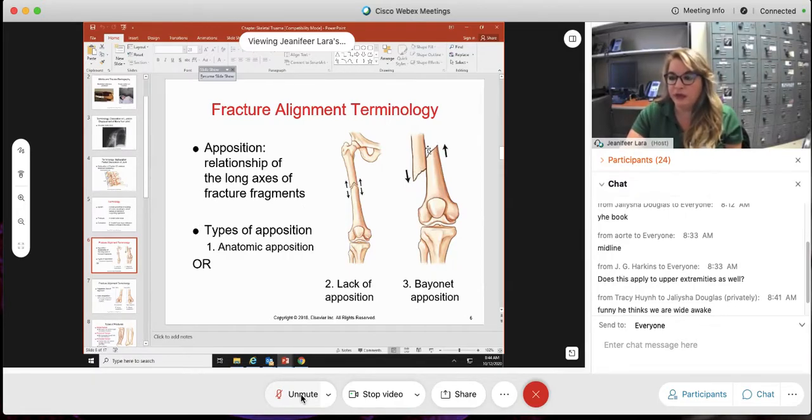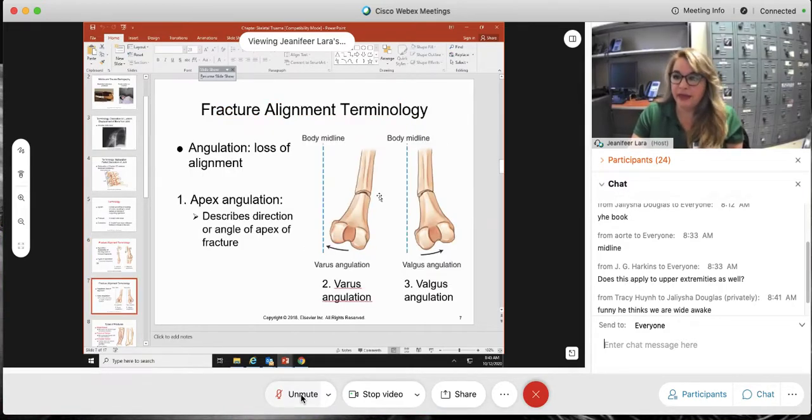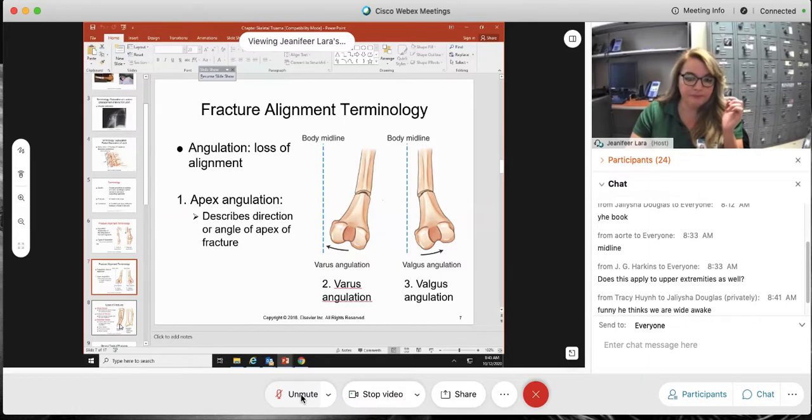We have two extremity ends touching, but they are no longer connected. They are sitting parallel. These two fragments are now parallel to each other, correct? Yes? Perfect. We also talked about the ends of the breaks when you have a complete fracture, whether it's going towards the midline or away from the midline.